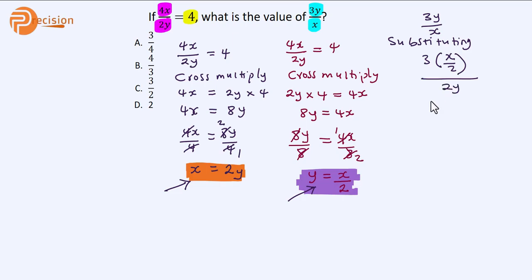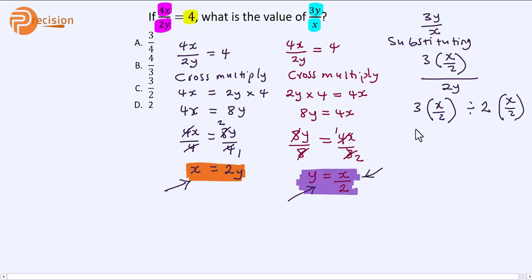We can as well say 3 bracket x over 2, divided by 2y, which can also be, let's use this, x over 2. So we have substituted and we also had to substitute again for the denominator so as to have x as our only variable.